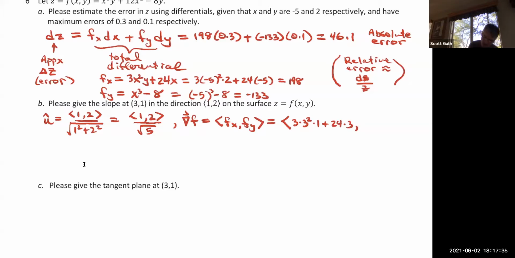So that'll be 3 to the third minus 8, which comes out to be 99, 19.